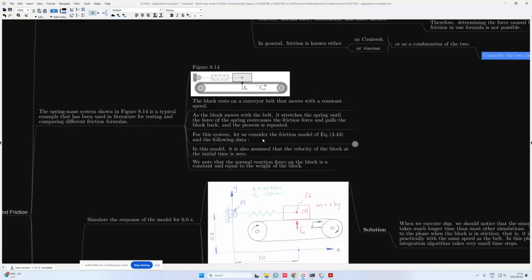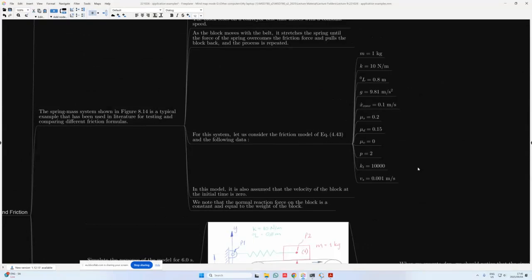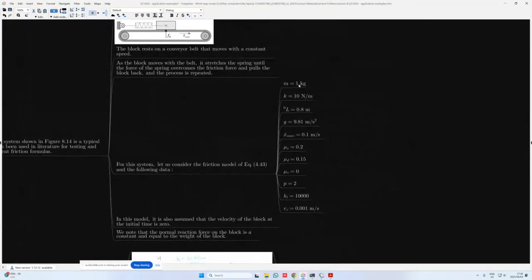For this system, let us also consider the friction model of equation 4.43 and the following data. So they give us the mass of the block, which is 1 kilogram, the stiffness of the spring is 10 Newton per meter, the undeformed length of the spring 0.8 meters, gravitational constant 9.81 meters per second squared. Then we have the speed of the conveyor belt as 0.1 meters per second.